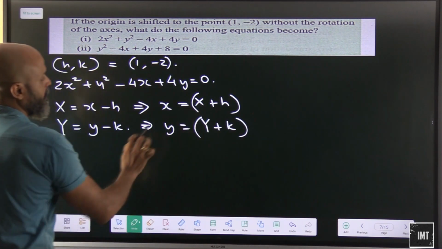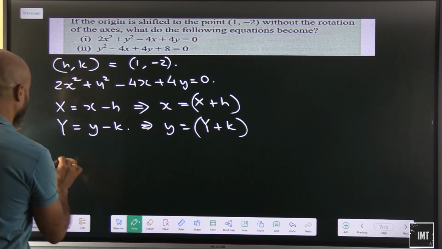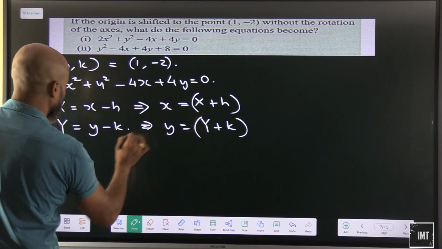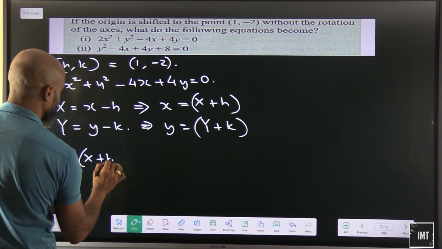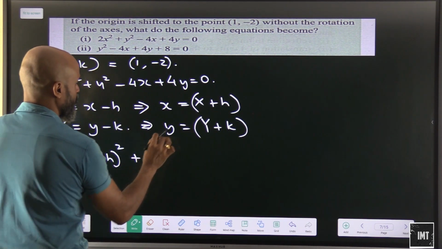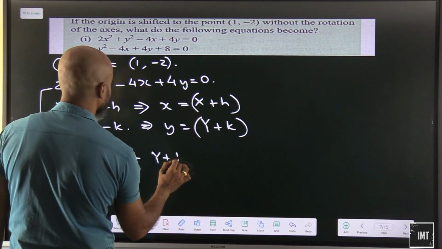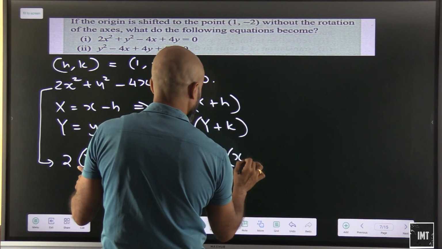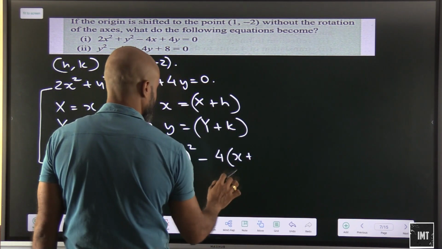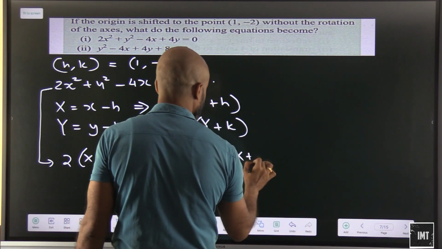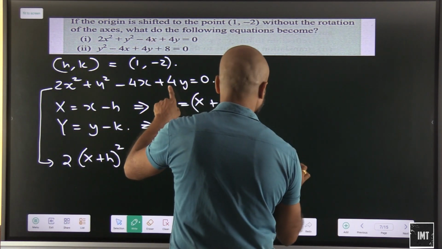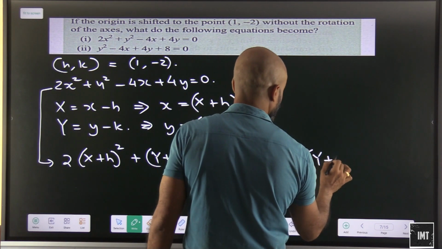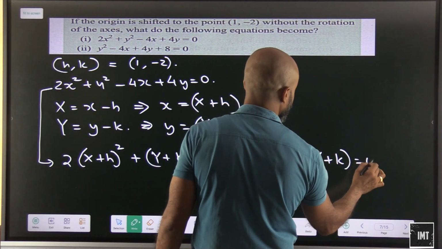So we are transforming the equation. In place of 2x square we will write 2(X plus h) square plus (Y plus k) square minus 4(X plus h) plus 4(Y plus k) is equal to 0.